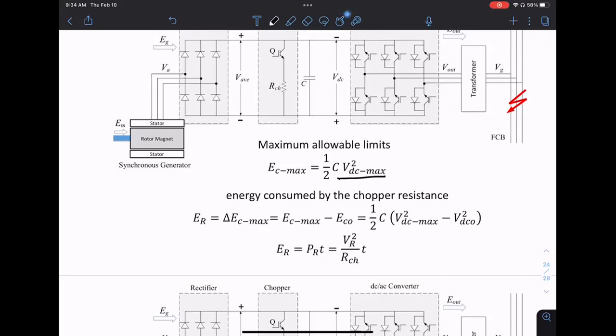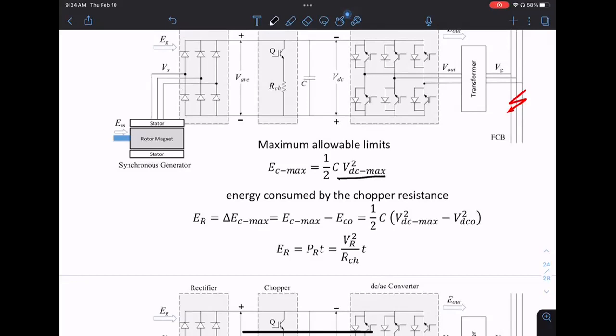But this is not a substitute for the breaker. It is rather for riding through fast transients in the system. If there's a fast transient and the voltage shoots up a little bit, can I get rid of this excess energy in the circuit?